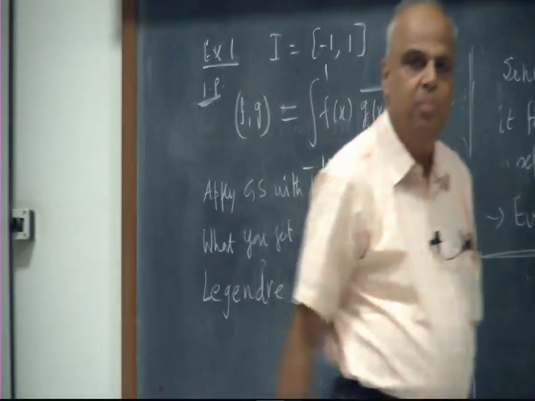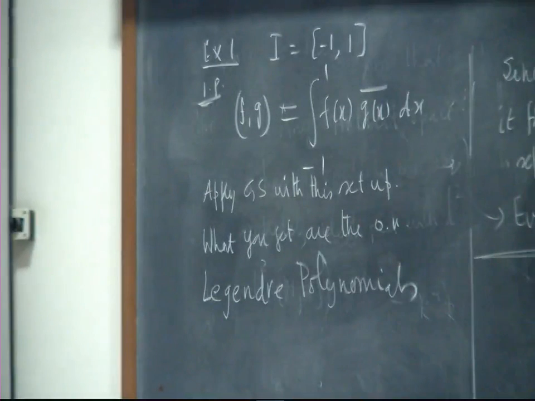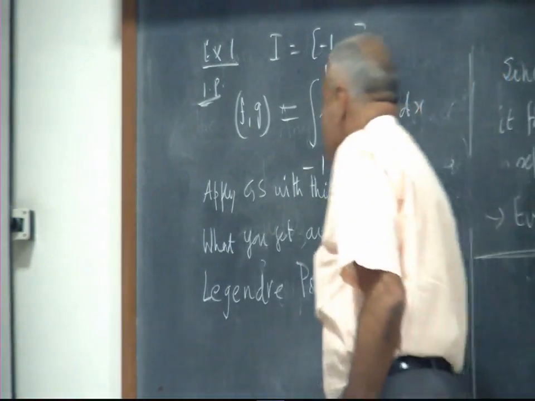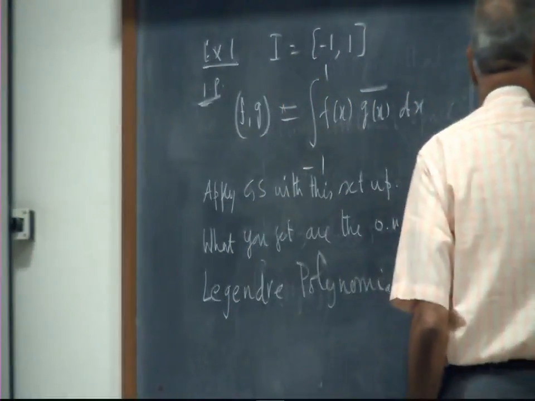Legendre looked at it from the point of view of differential equations and used the Sturm-Liouville theory and got these polynomials. But that is exactly what is happening. Now, suppose my interval is 0 to infinity.